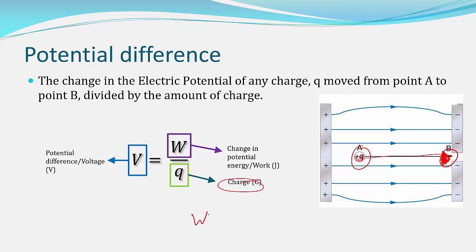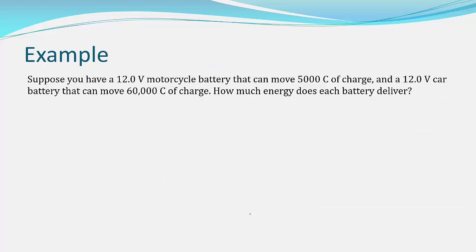This equation is often also given as work is equal to the potential difference multiplied by the size of the charge. So have a crack at this question. You have a 12-volt motorcycle battery that can move 5,000 coulombs of charge and a 12-volt car battery that can move 60,000 coulombs of charge. How much energy does each battery deliver?